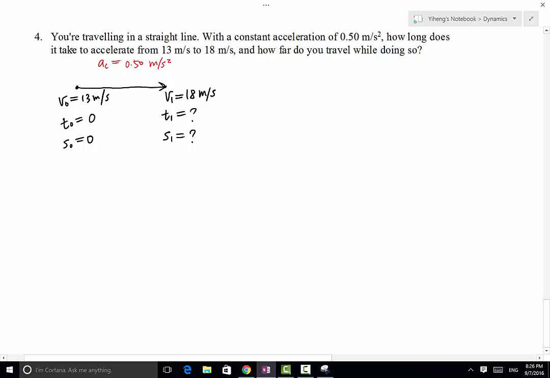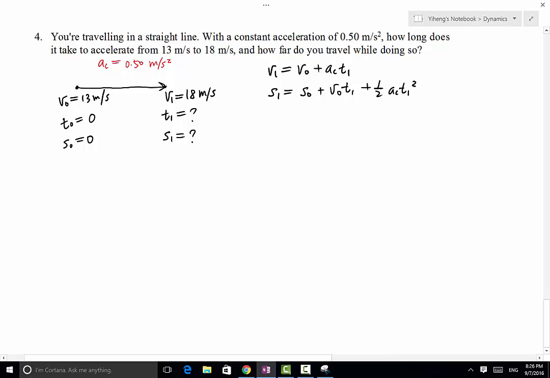So again, you can apply 3 equations between these two states, state 0 and state 1. The 3 equations, once again, are V1 equals V0 plus a_c T1. S1 equals S0 plus V0 T1 plus 1/2 a_c T1 squared.